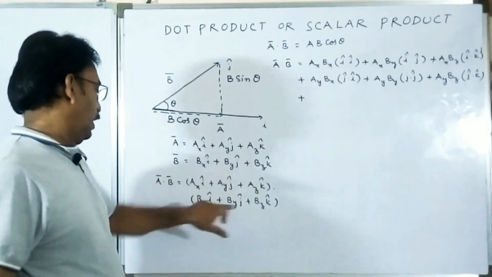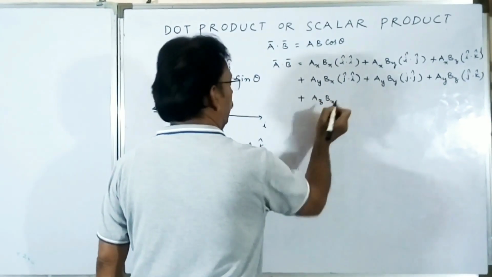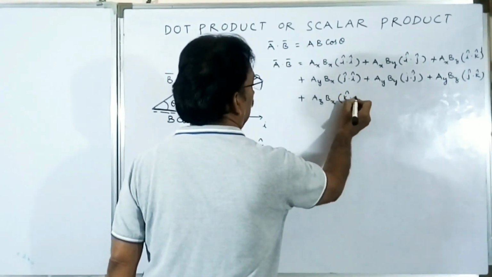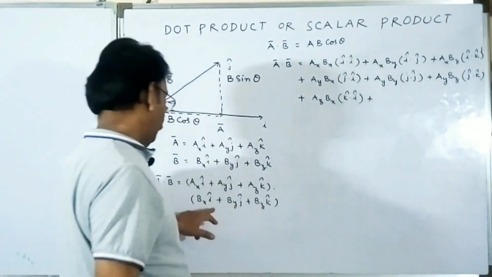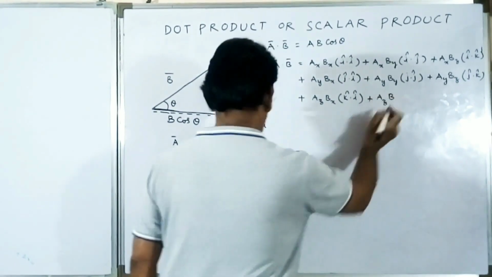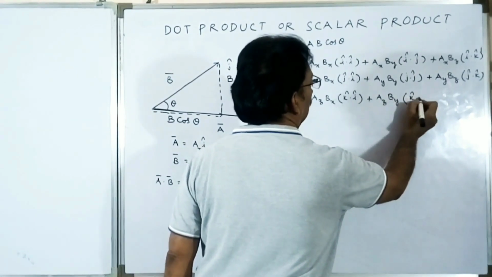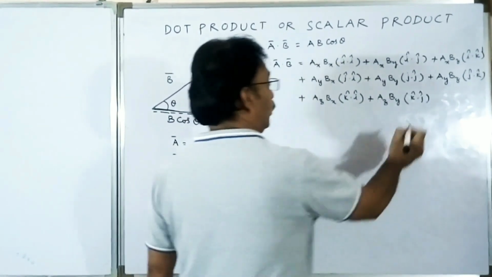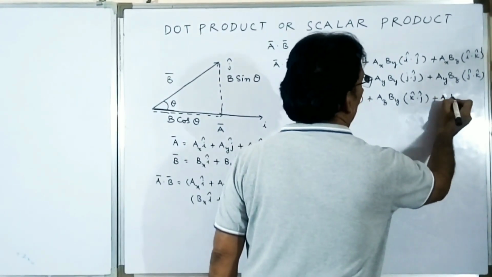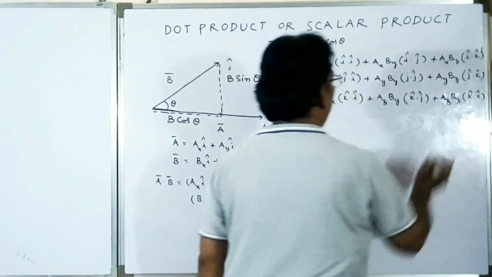Plus AzBx, k cap dot i cap, plus AzBy, k cap dot j cap, plus AzBz multiplied with k cap dot k cap.